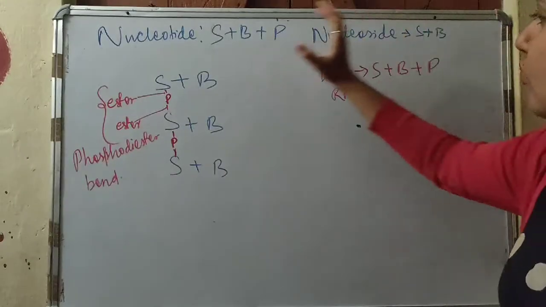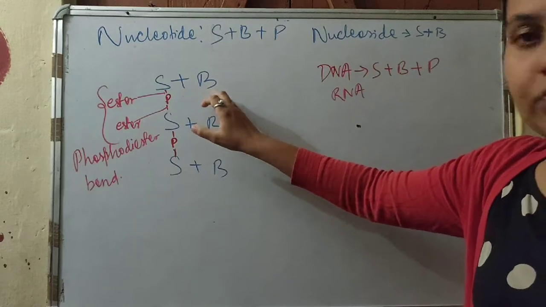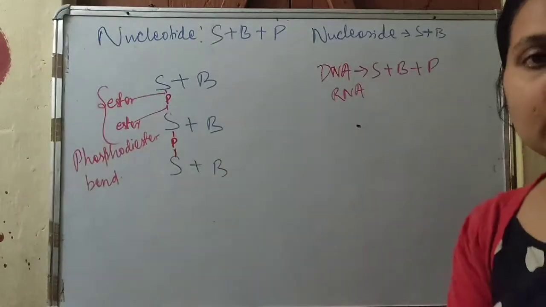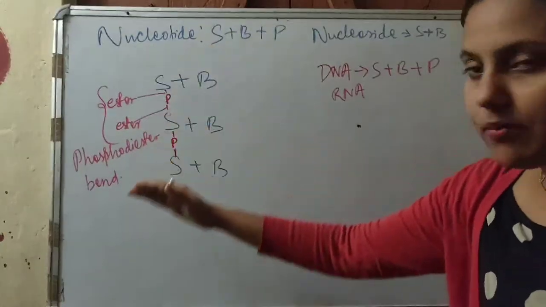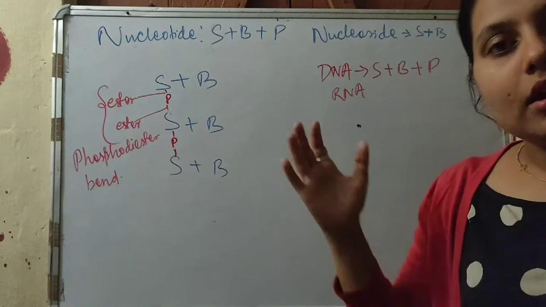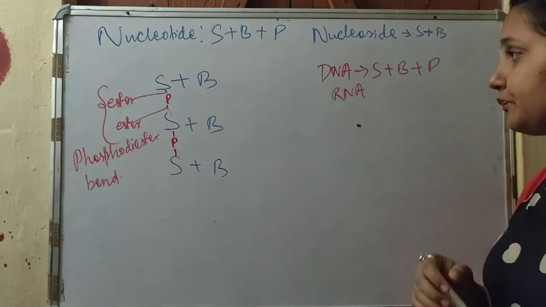So how is the DNA forming? Sugar plus base and the phosphate will be linked with one another in a series. These will be millions and millions in length.